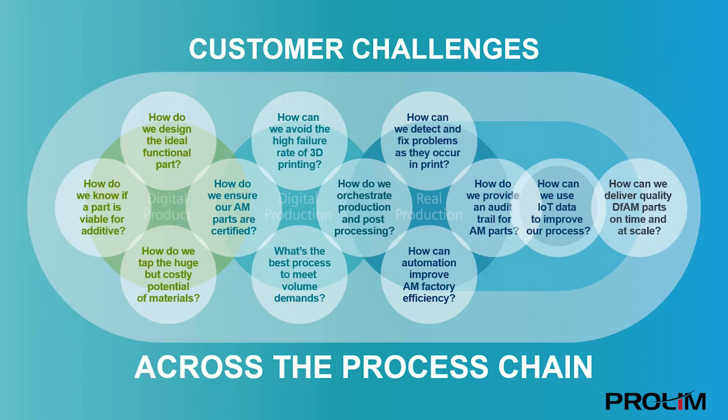How do I qualify my parts, and how do I avoid print failures? And how do I optimize my efficiency and orchestrate my production? Finally, of course, how do you monitor and automate the production to provide traceability and gain insights about the production process? And all of these things lead into how do you produce quality parts on time and at scale?